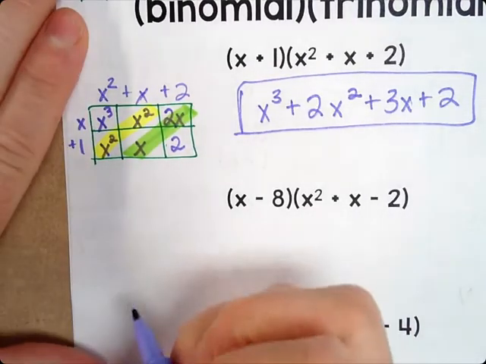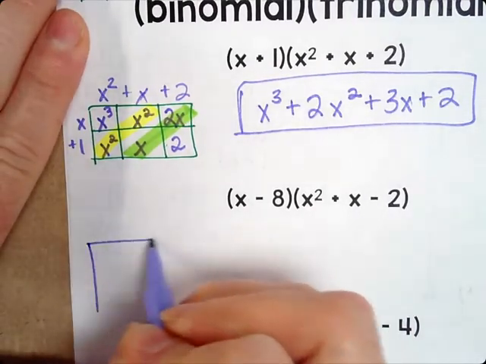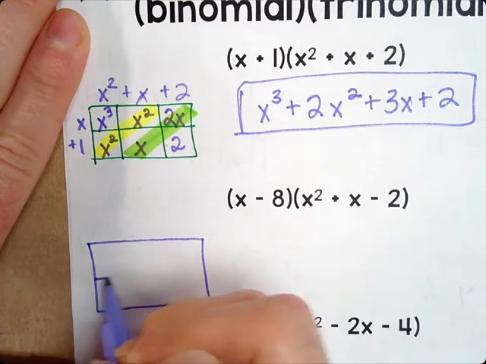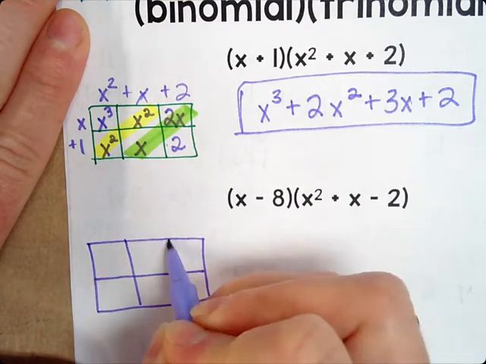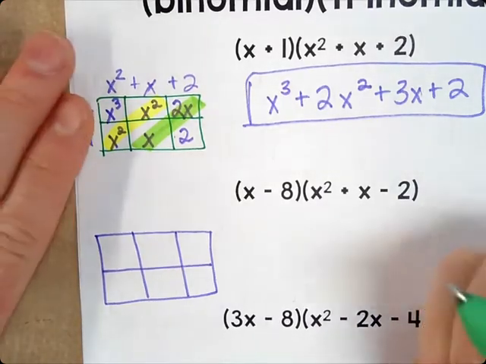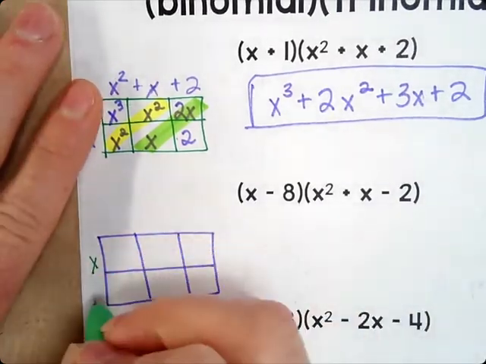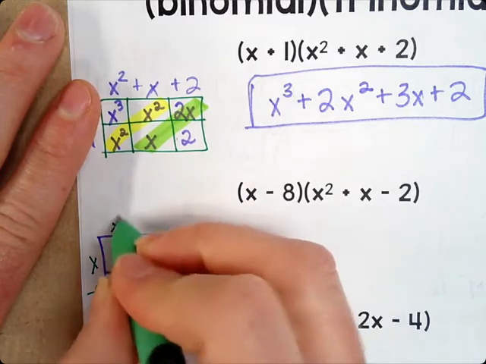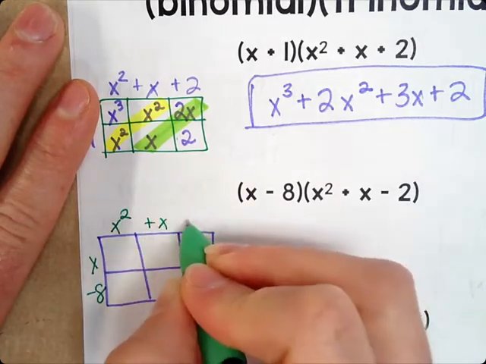Okay, let's do the next one. This is a binomial times trinomial. So this would be x minus 8, and then x squared plus x minus 2.